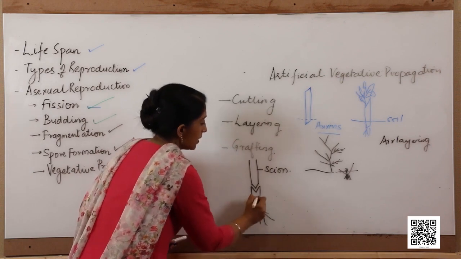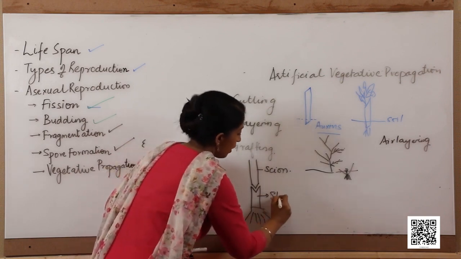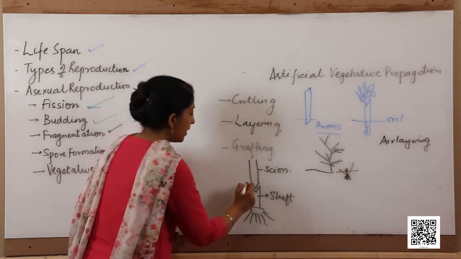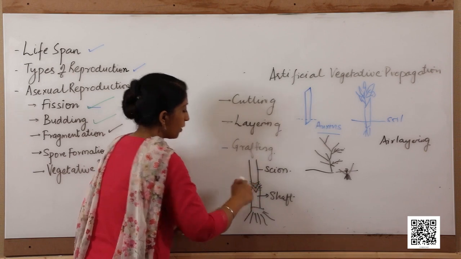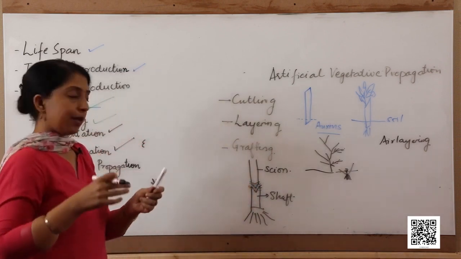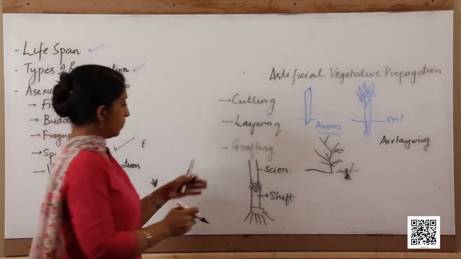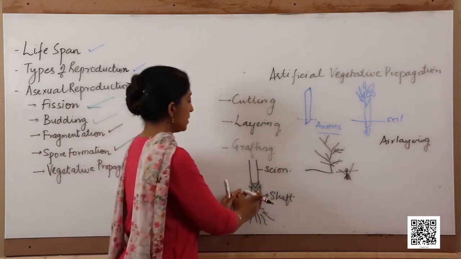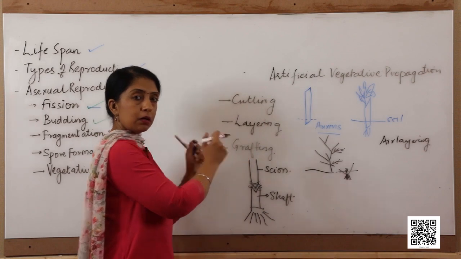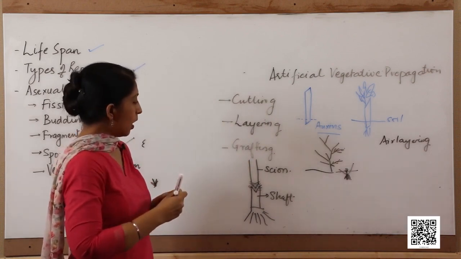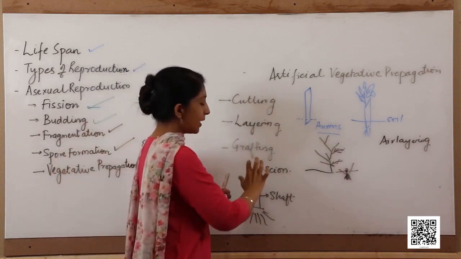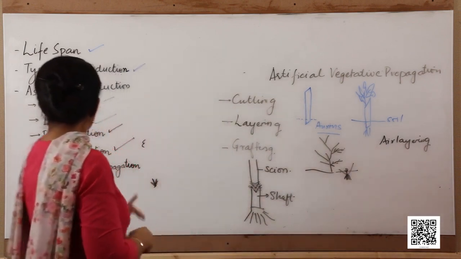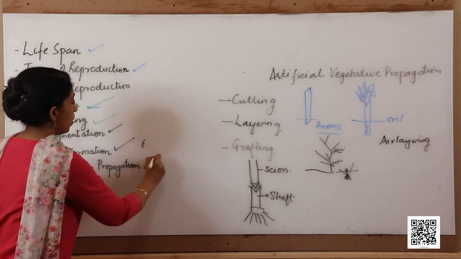This is called the stock. Both of them are joined and then tied with a rope or a thread together for a period of time. Slowly, both these plants combine with each other and form a single plant. This is how the qualities of the two plants can be combined together. So we have covered vegetative propagation also.